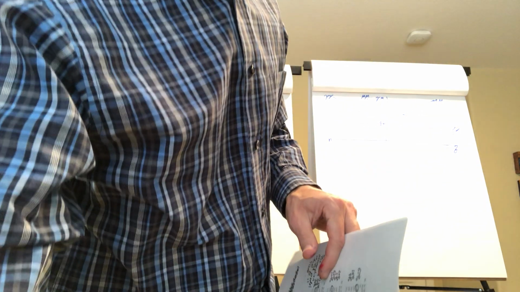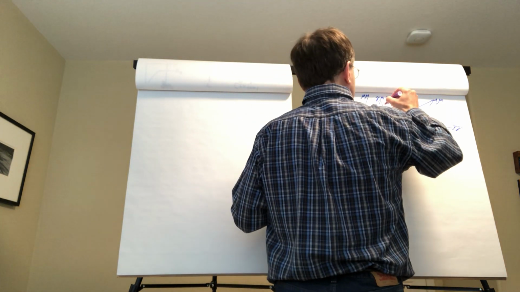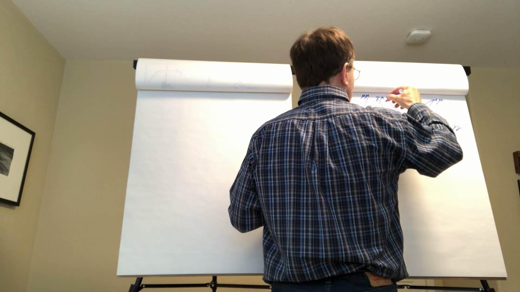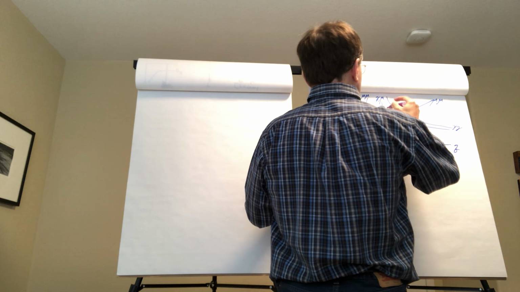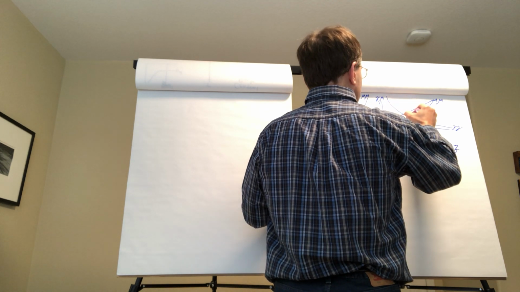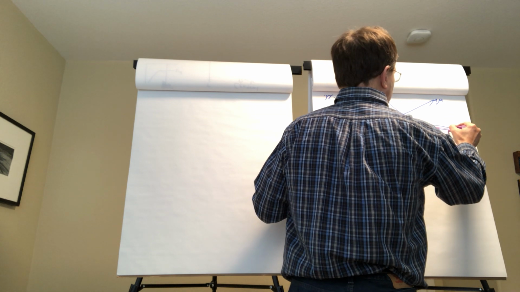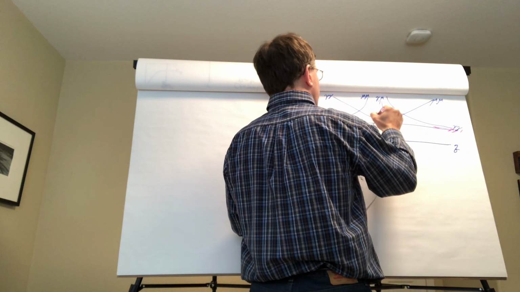So let's do this in purple. The degree of returns to scale goes down because relative to the marginal cost, the fixed cost is now less important. You've got a higher marginal cost. Fixed cost is actually the same, but it's less important relative to marginal cost. So the degree of returns to scale goes down.